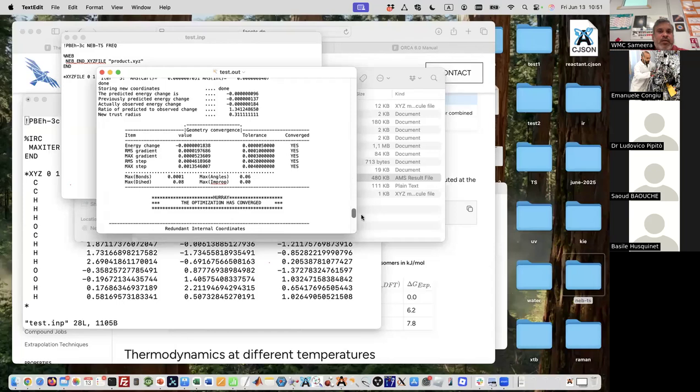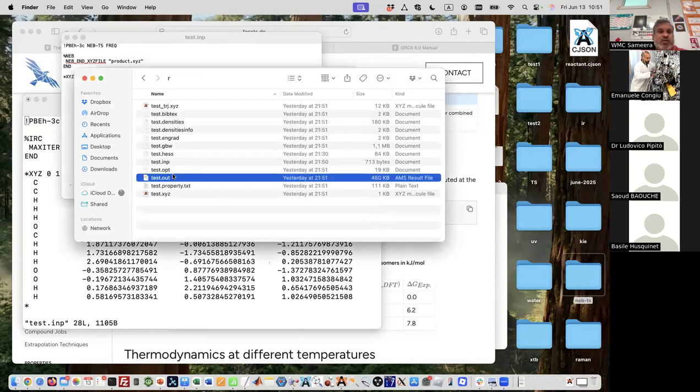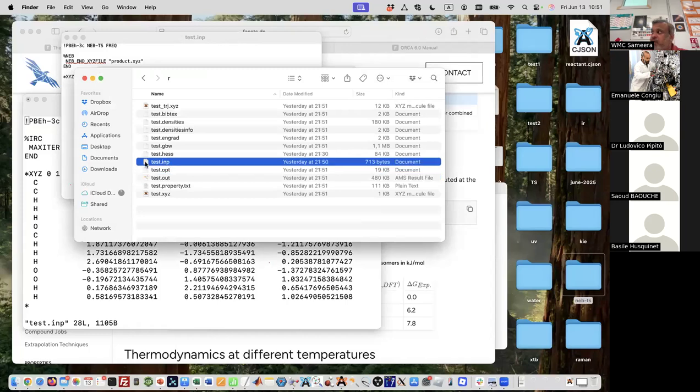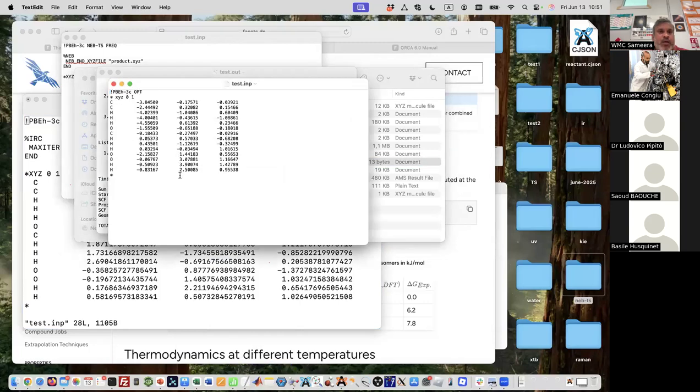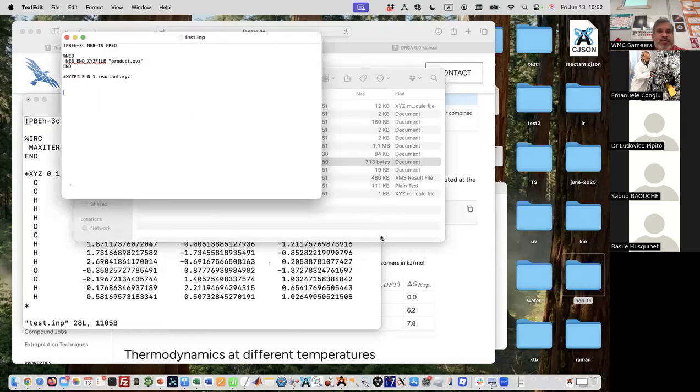Oh, okay. But why does it not? Oh, I see. That's too bad. I did not run the frequency calculation there. Okay, so I will quickly run the frequency.